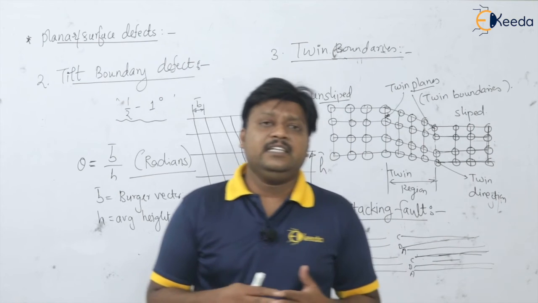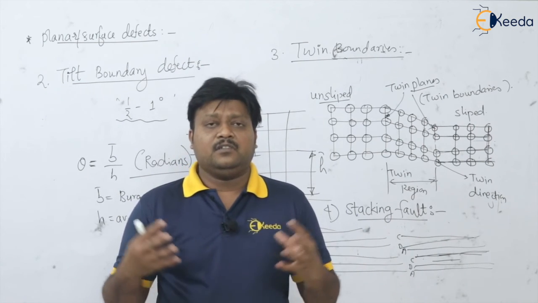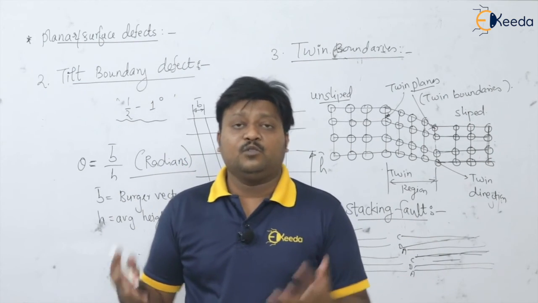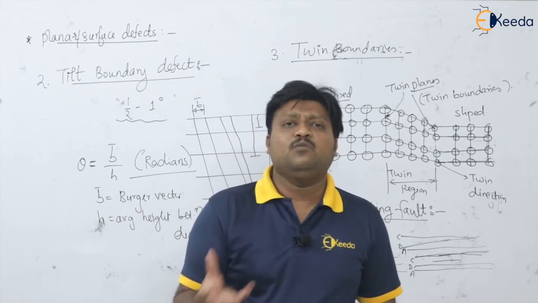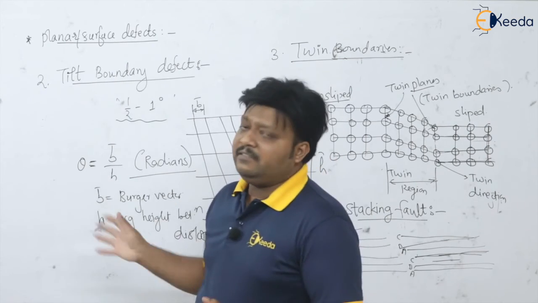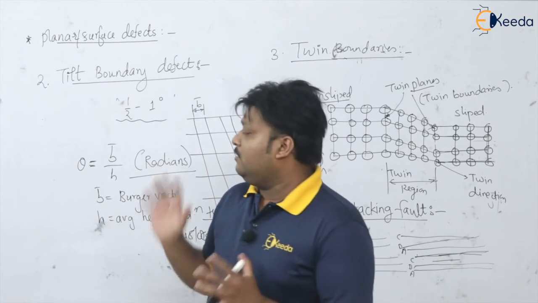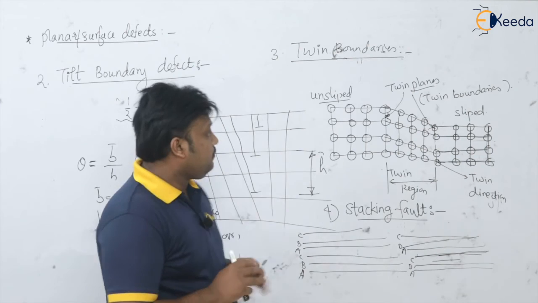These are because of a group of atoms, accumulation of atoms, or a group of atoms missing. These are nothing but the voids. These are very important as far as our syllabus is concerned.